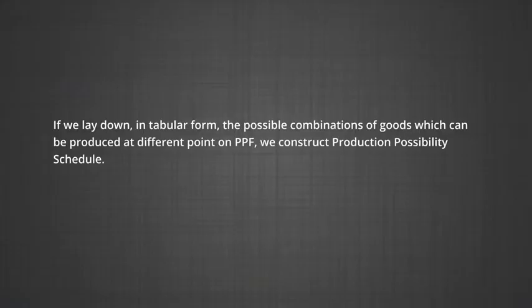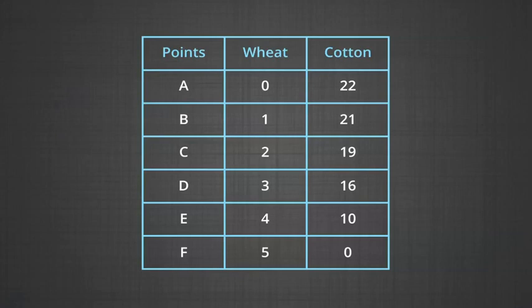If we lay down in tabular form the possible combinations of goods which can be produced at different points on PPF, we construct a production possibility schedule. The production possibility schedule corresponding to the production possibility curve we've just discussed is here.